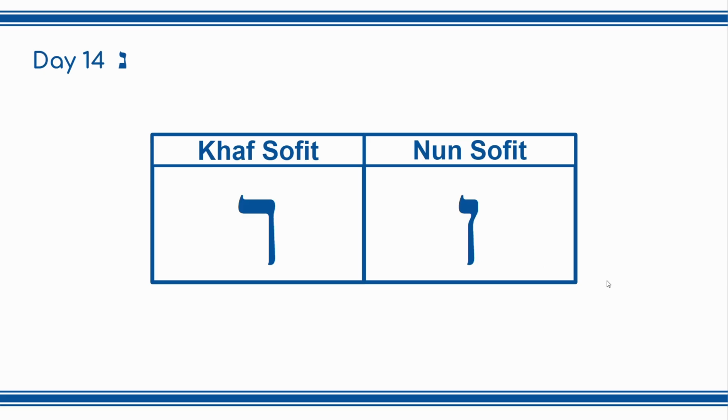This is usually with the book fonts. When you're writing Nun, it'll look different between people's handwriting, but this is usually for when you're reading in the book fonts for the Tanakh. It looks kind of like this.